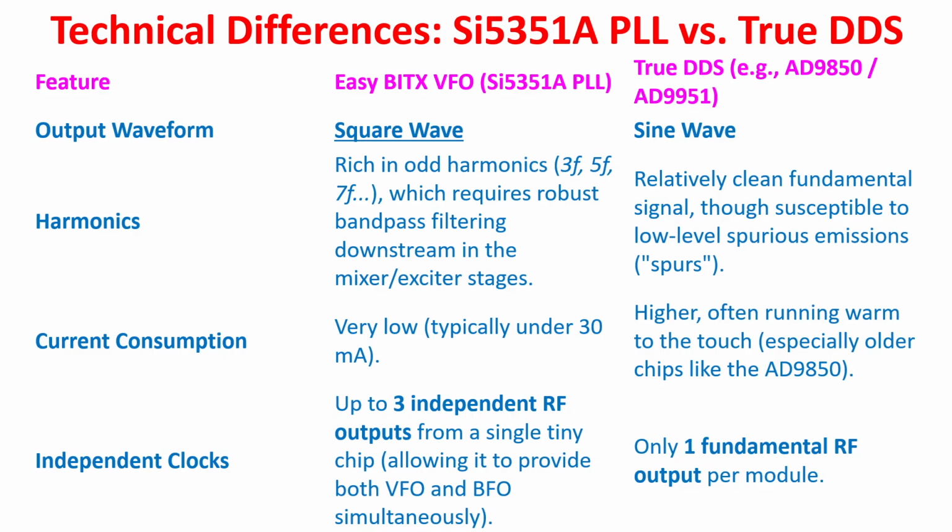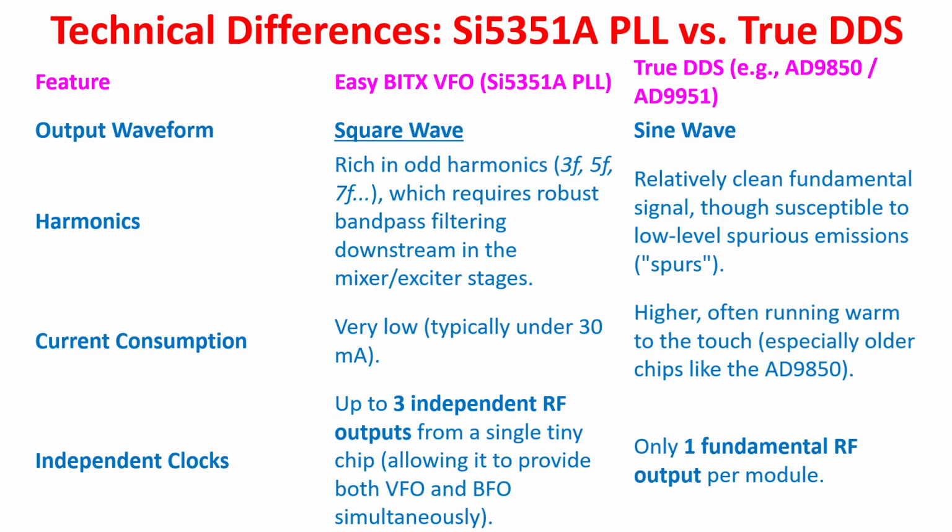a relatively clean fundamental signal, though susceptible to low-level spurious emissions or spurs. Current consumption: very low, typically under 30 milliamperes for the ECBTX VFO. It is higher in true DDS, often running warm, especially older chips like the AD9850.